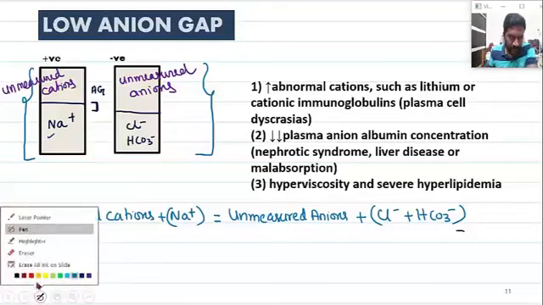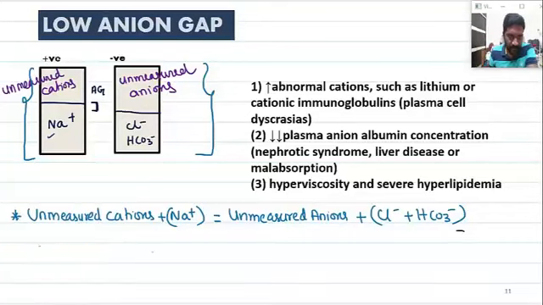Now again, following rules of mathematics, I am going to bring this chloride and bicarbonate to this side, and send this unmeasured cations to the other side. Whenever you bring a positive to the other side, it will become negative like this.